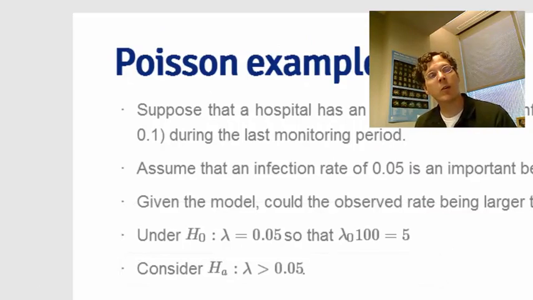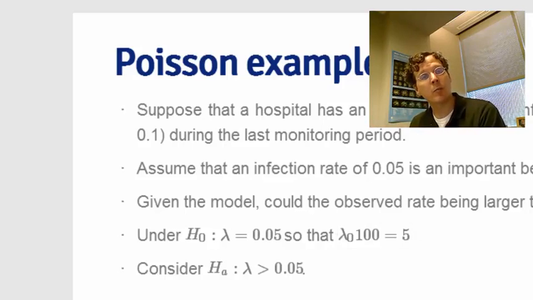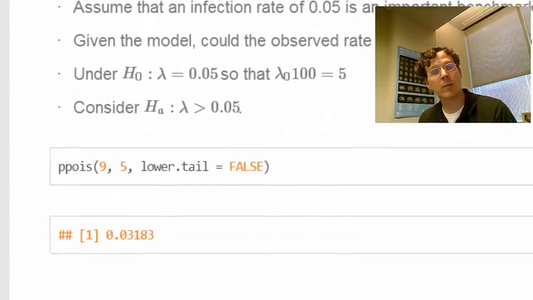Or, given that we're specifically talking about 100 person days at risk for this particular monitoring period, we could think of this as the null hypothesis that the rate times 100 is 5 versus the rate times 100 is greater than 5. So what we want to know is if in fact the rate is 0.05, having been monitored for 100 person days at risk, what's the probability of obtaining 10 or more infections?